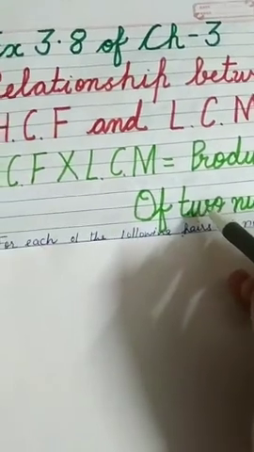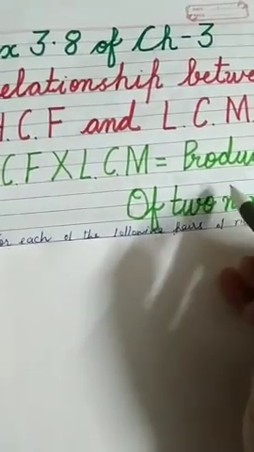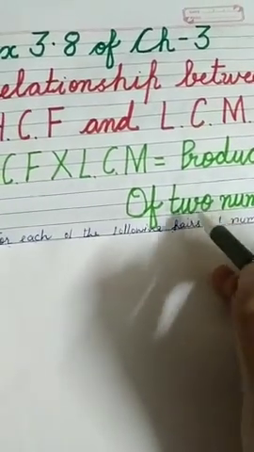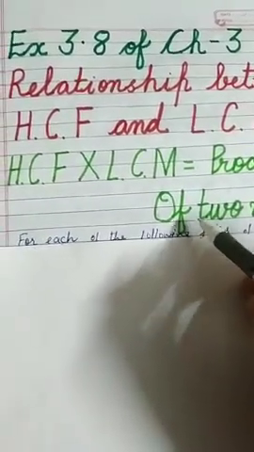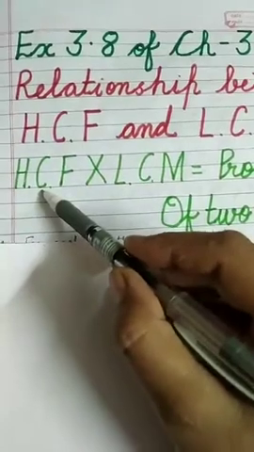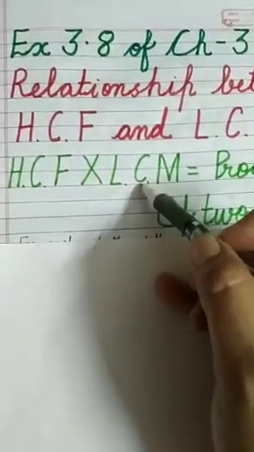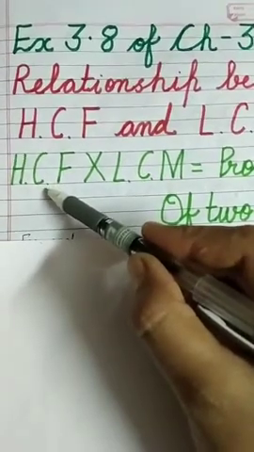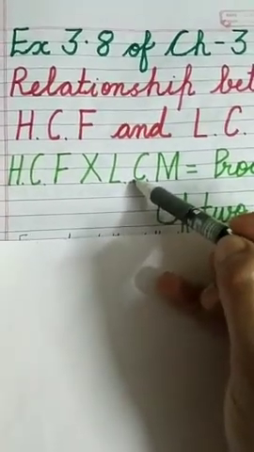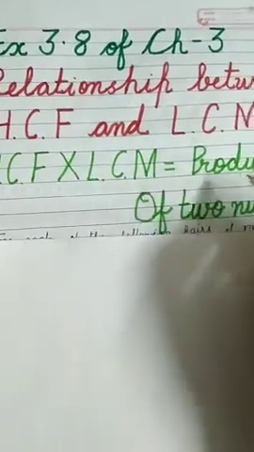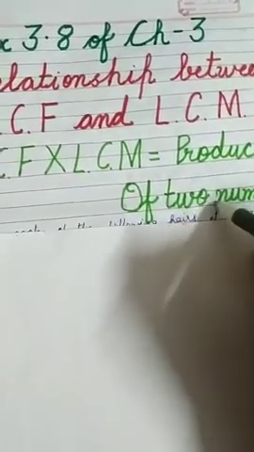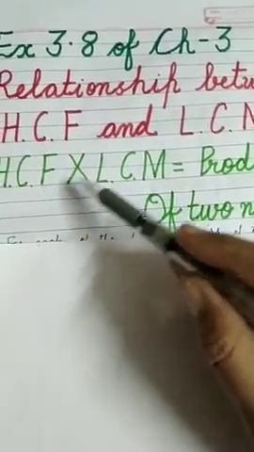The meaning of this is that suppose any two numbers are given to you, we have to find out their HCF and LCM, and we will multiply the HCF with the LCM, and we will also multiply the two numbers. The product of the two numbers, they are the same.